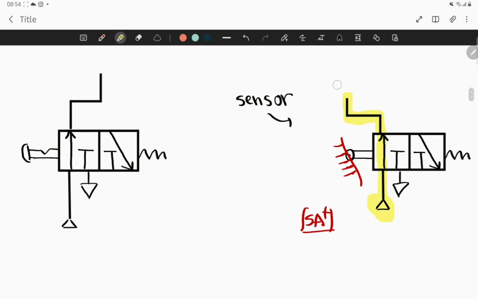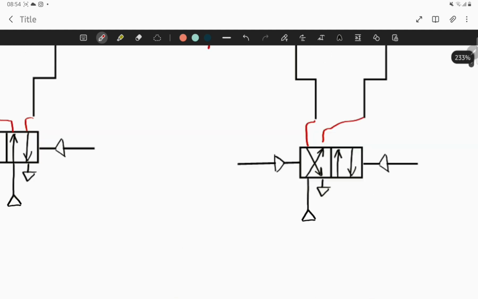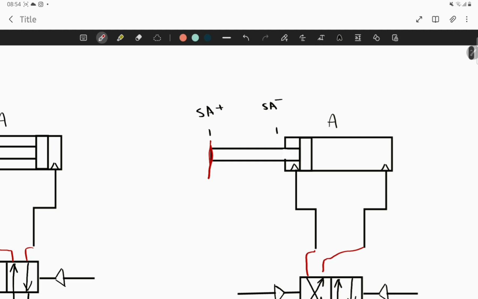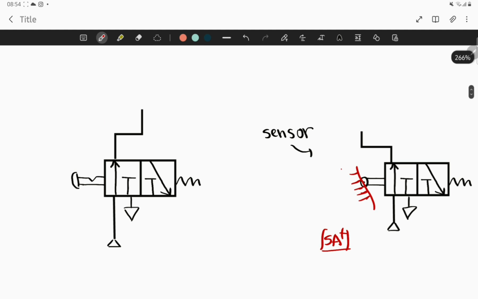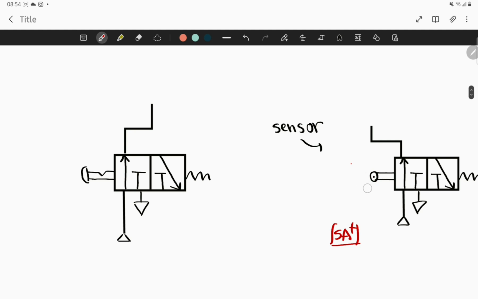And since it's ruled by a string, when this sensor is deactivated, which means, for example, when this actuator is not anymore on SA plus, when it starts returning towards SA minus, it stops pressing the sensor, and then it can commute back to this position.